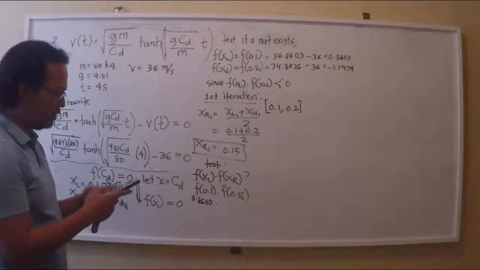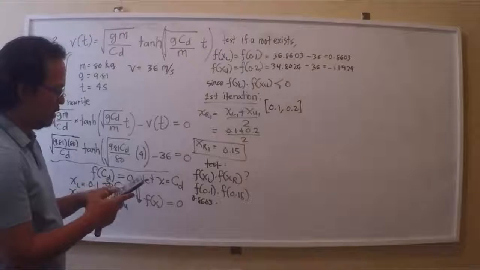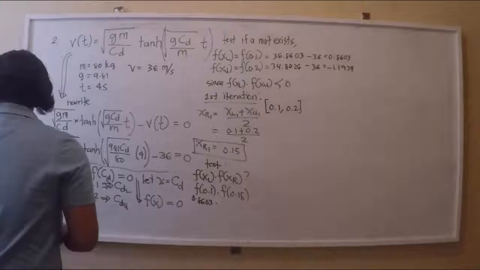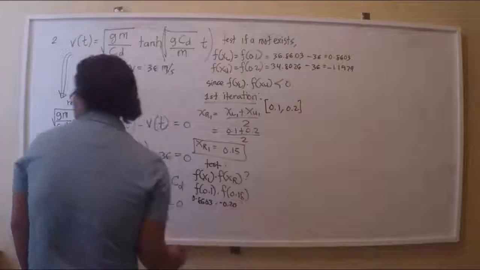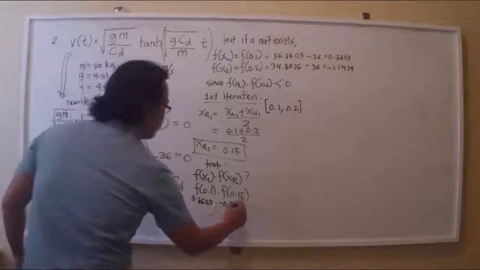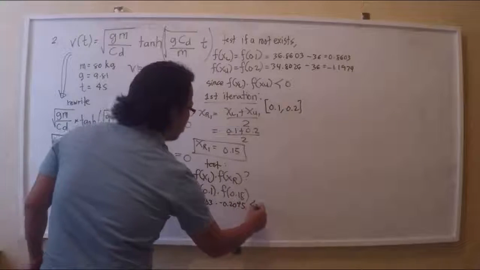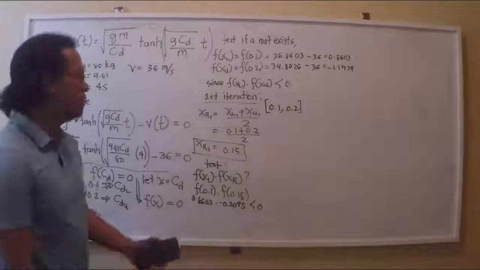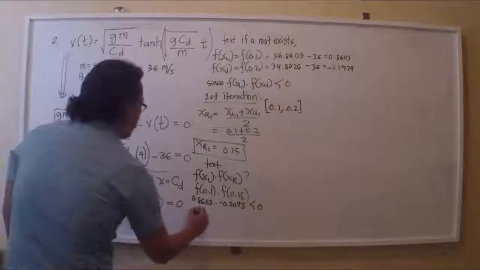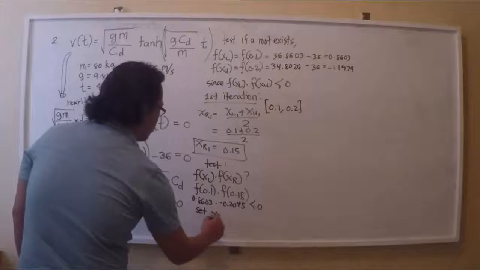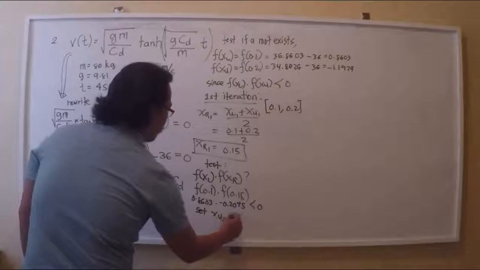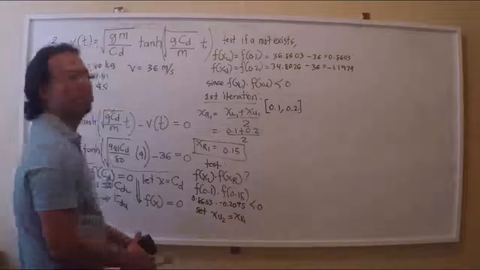Okay, so the answer is 35 minus 36, negative. So the answer here is negative 0.2045. And this is less than 0. Okay, I think we know what to do. We will set xu2 equal to xr1. Okay, we will set that one.